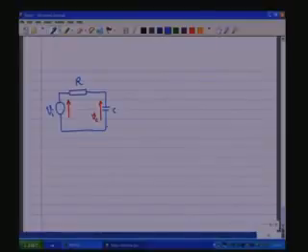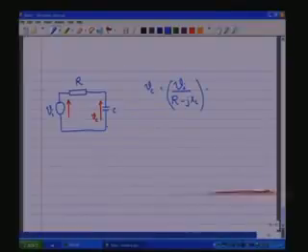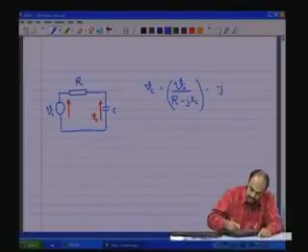We will obtain by rearranging that Vc will be Vi by R minus jXc into minus jXc.